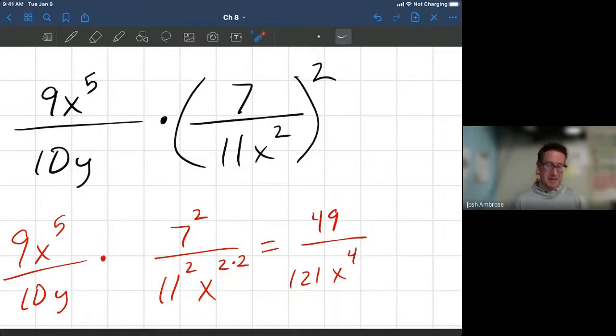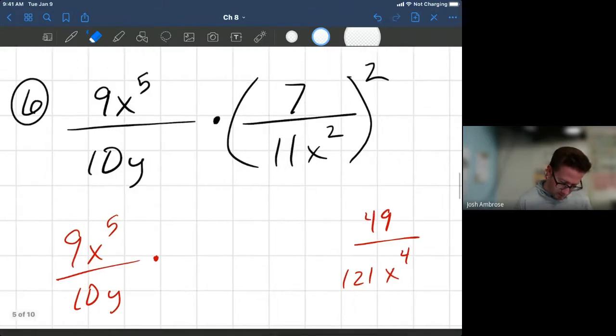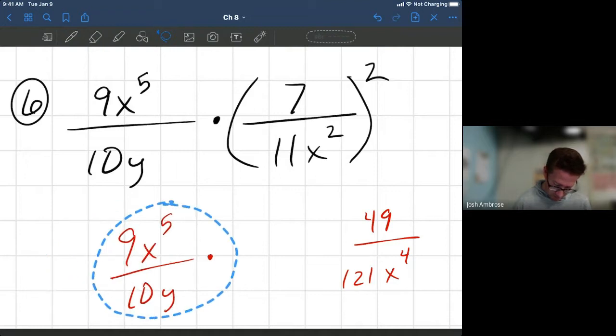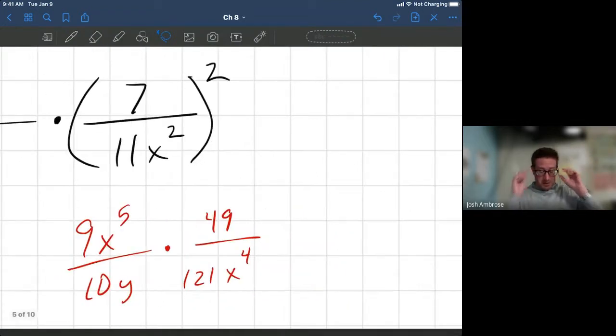All right, now here's where I'm going to start to save a little space. I'm going to erase this, and we're going to move this over. There we go. Okay, saving a little space.